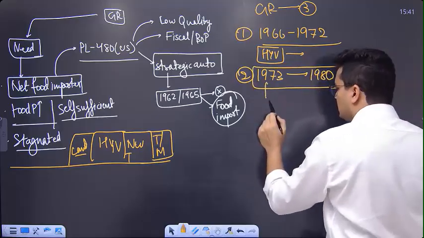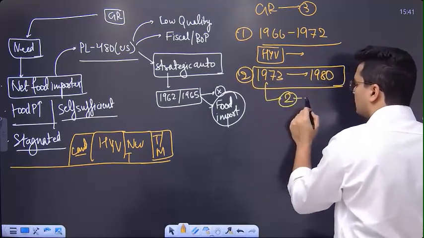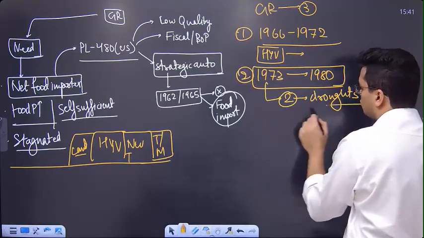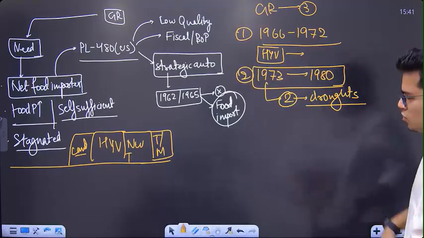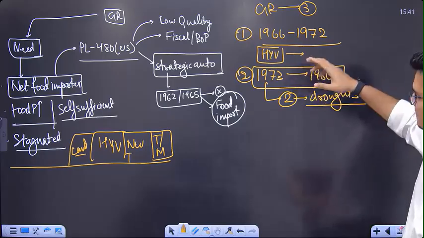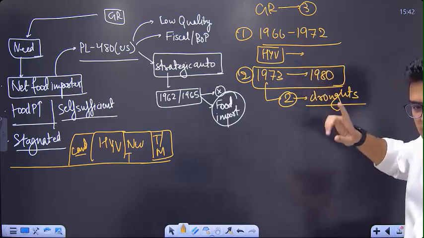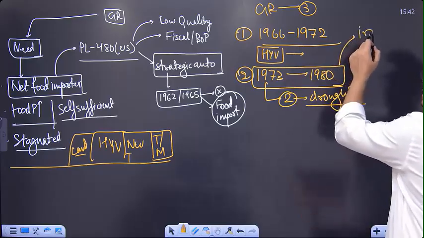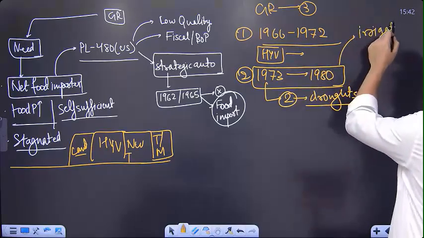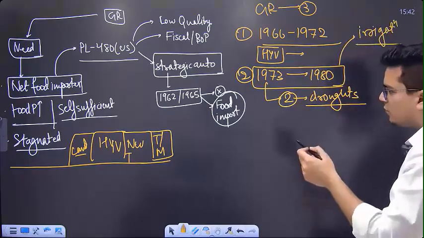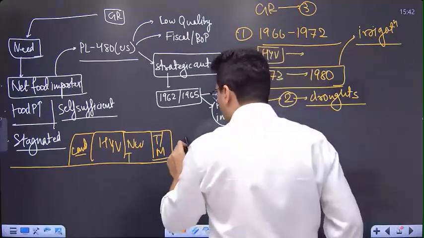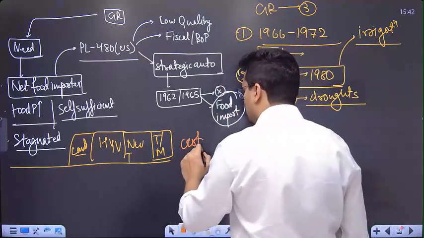Now in 1973, there are 2 consecutive droughts in the country because of a failed monsoon. So here it is then seen that the Green Revolution must be introduced in those areas where irrigation is guaranteed. So therefore, the Green Revolution becomes something that we introduce only in certain states.